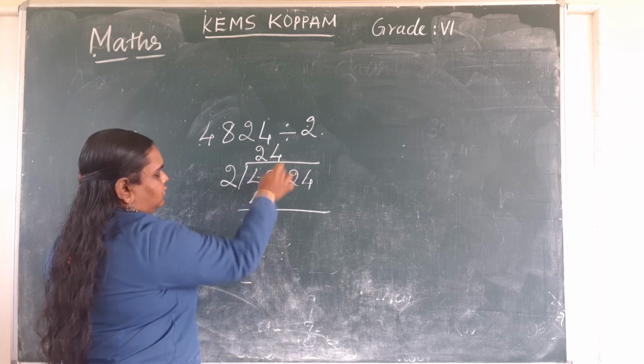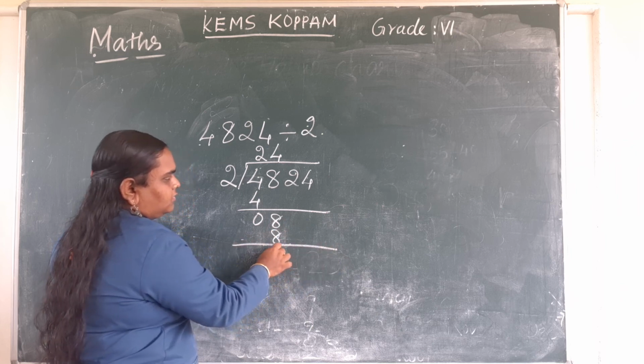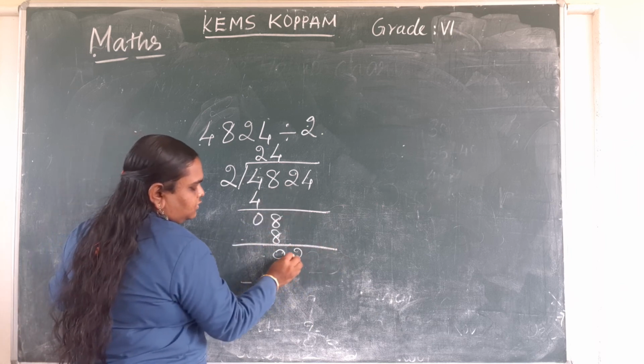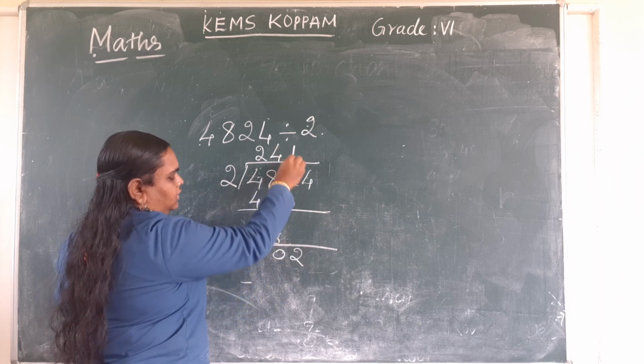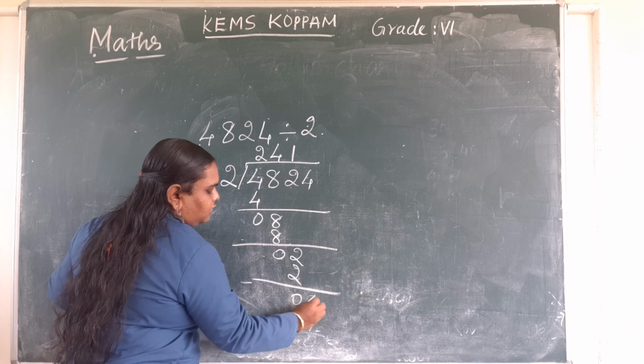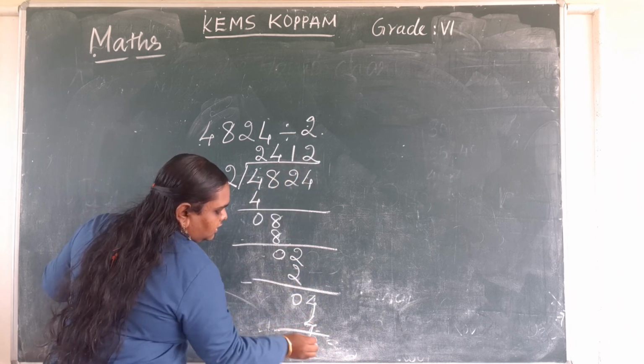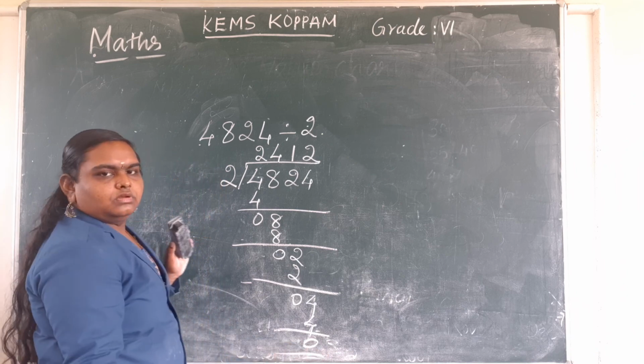Yes, 4. 4 twos are 8, 0. Next number is 2. So 1 two is 2, 0. The next number is 4. So 2 twos are 4. Then it becomes 0.